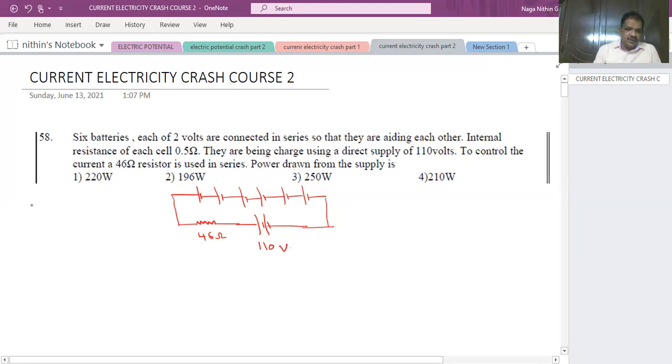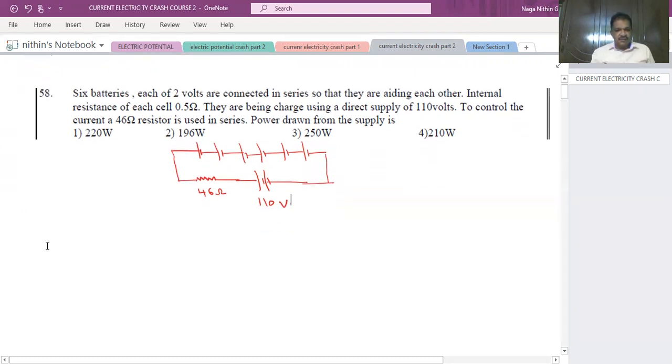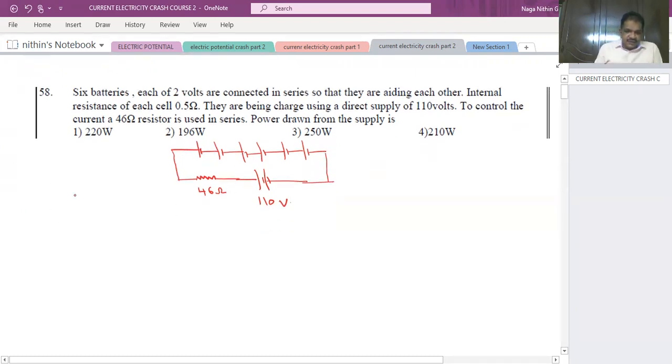So here all these cells are in the charging state. So in charging, V minus E is equal to I into (R plus r). This value will be 110. EMF of each battery is 2 volt, 6 batteries are there.